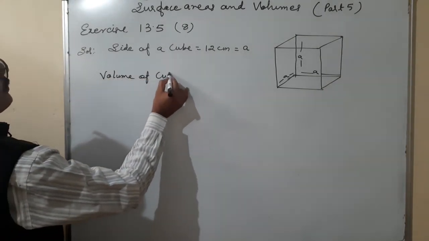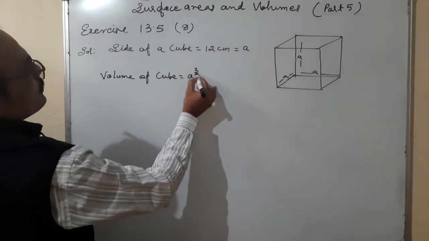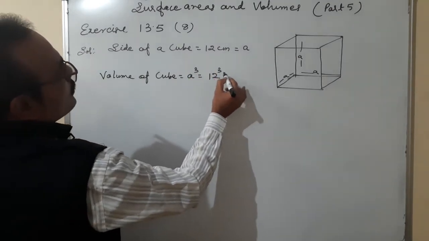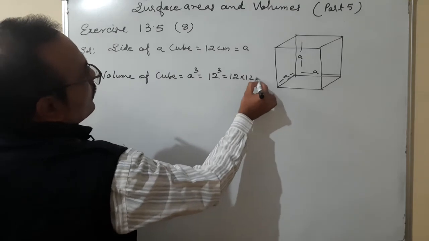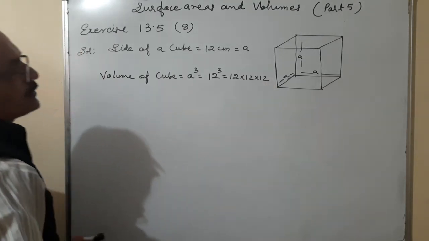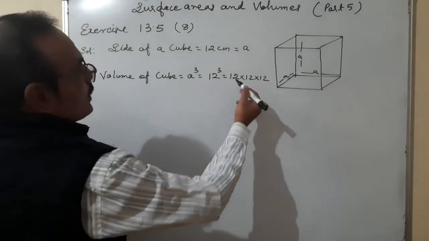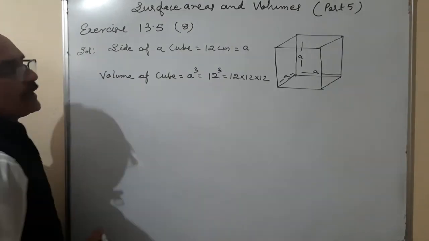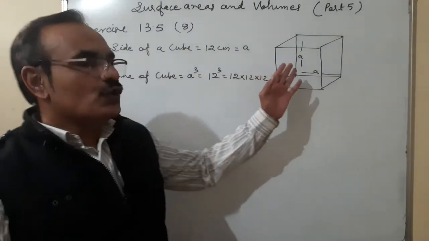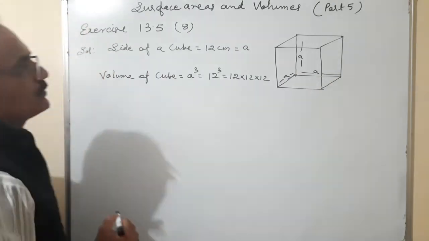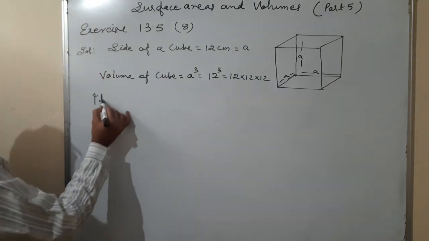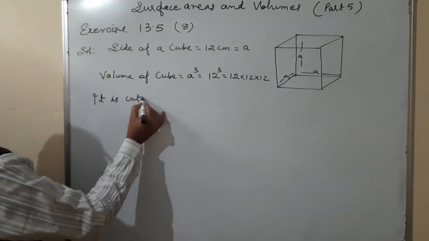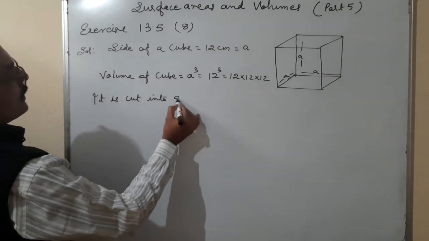Volume of cube is equal to a cube, that means 12 cube, 12 into 12 into 12. It is not necessary to multiply it. This cube is cut into 8 cubes.